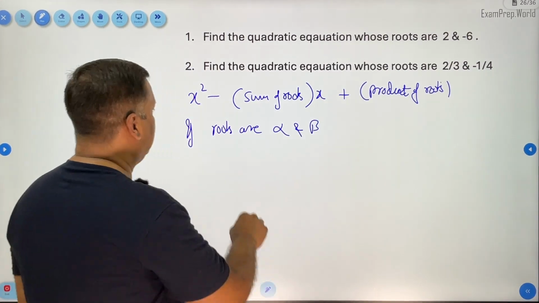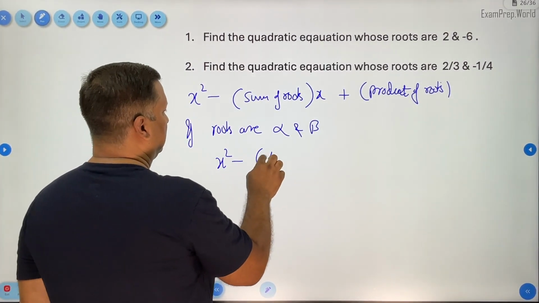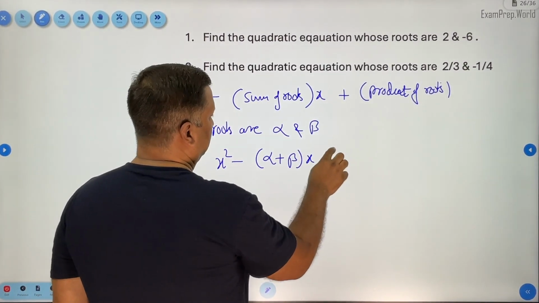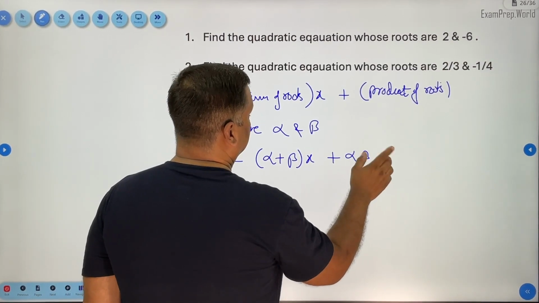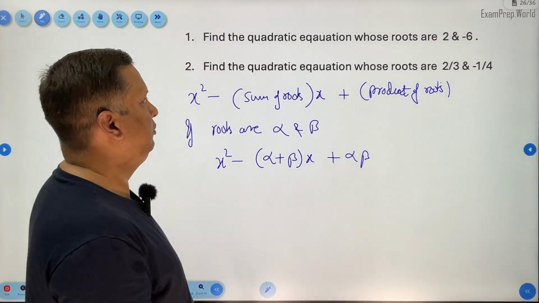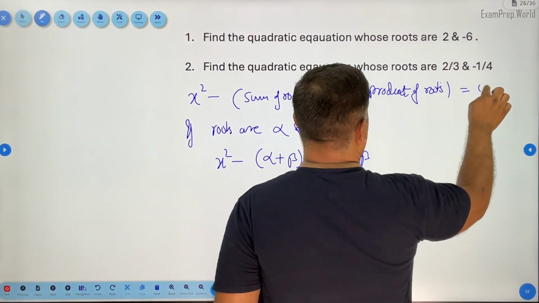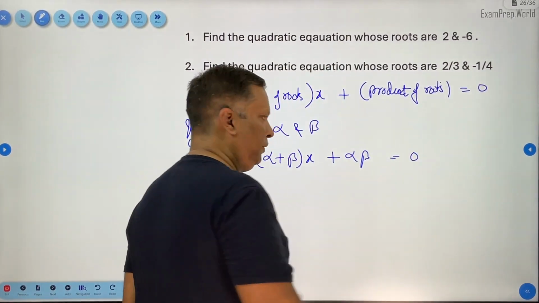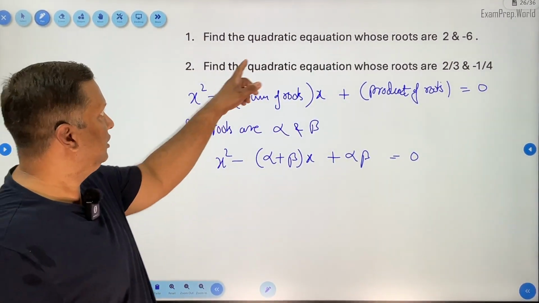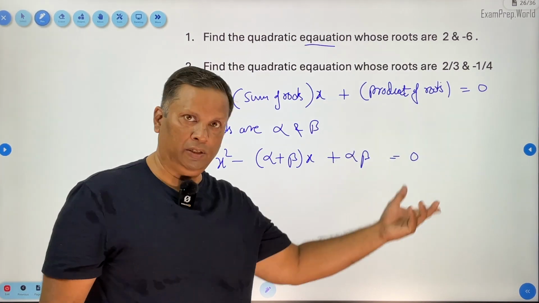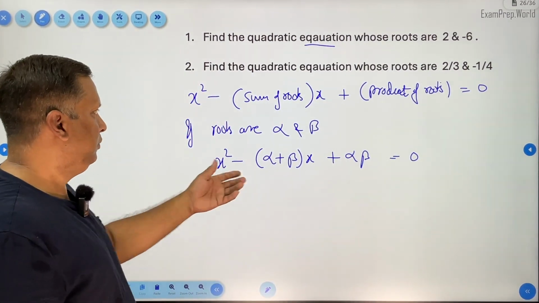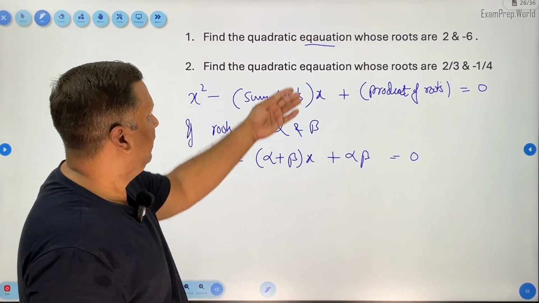How can I rewrite this expression? X square minus (alpha plus beta) x plus alpha times beta, and since it is an equation we have to write 0. If it was an expression I would not have written it, since they say it's an equation, you have to write equal to 0.